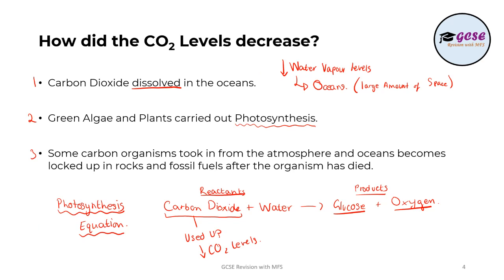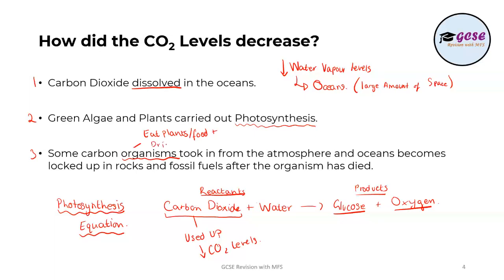Now the third reason for a decline in the CO2 levels is that some of the carbon the organisms took in from the atmosphere and oceans becomes locked in rocks and fossil fuels after the organism has died. Organisms need to survive, so they eat plants or food, and they drink water.